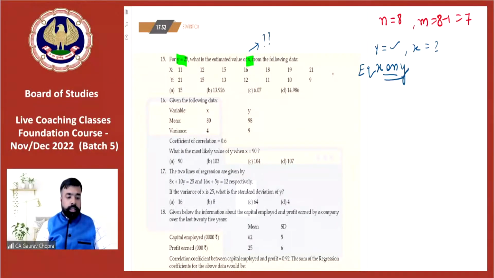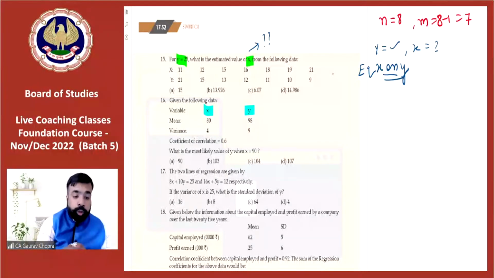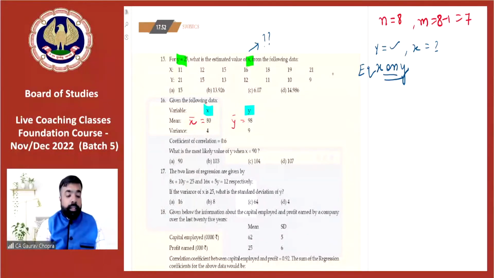Now 16 says, given the following data, variable x and variable y, mean of both sets is available. So we can write x bar is 80 and y bar is 98. Variance is given, so we can write sigma x will be 2 and sigma y will be 3.